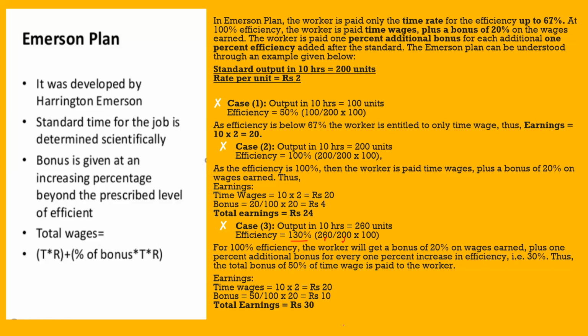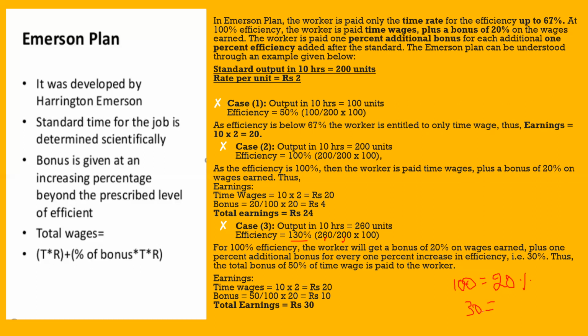See here, for reaching 100% of efficiency, he got 20% of bonus. But additionally he has crossed by 30% of efficiency.